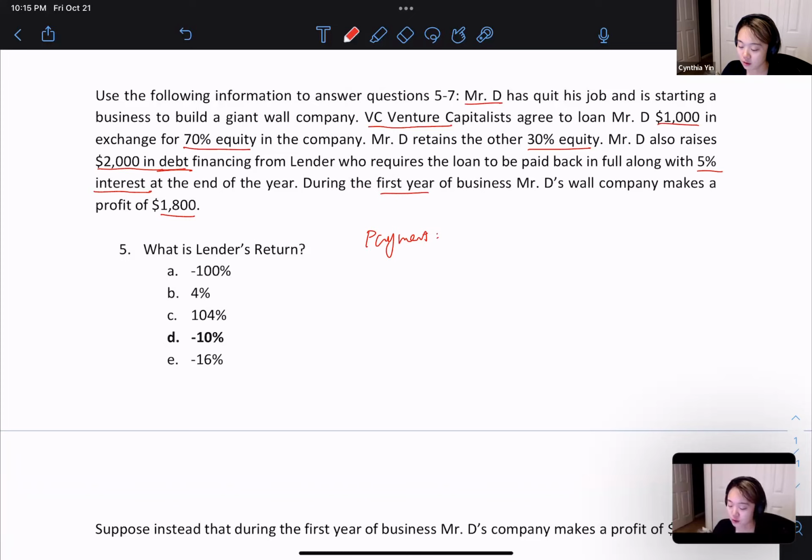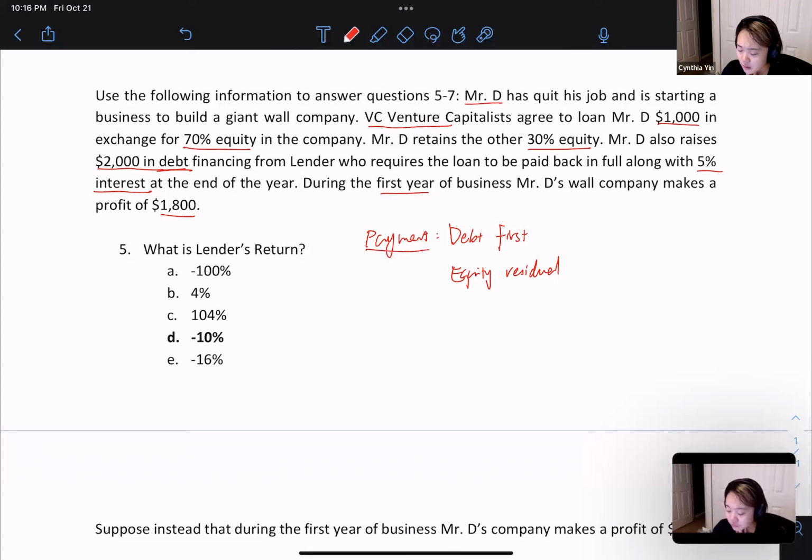When a firm makes money, the first to get paid between the debt holder and equity holder is the debt holder. Debt first, and equity is the residual. We talked about this in class.